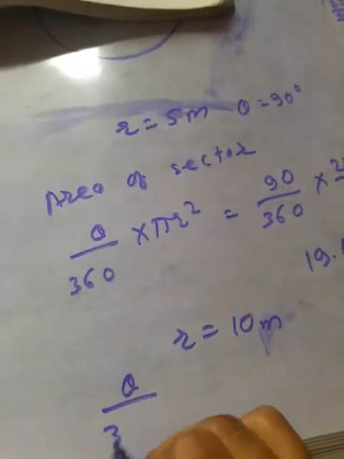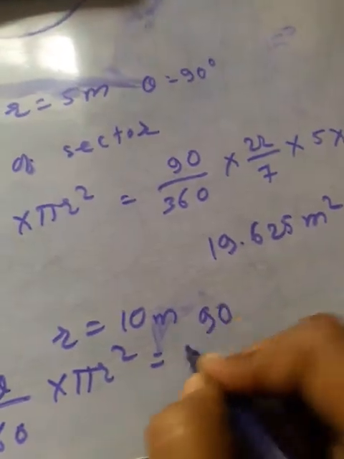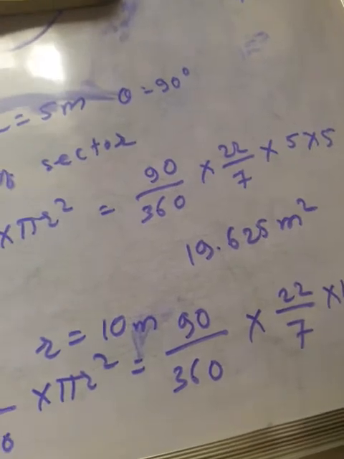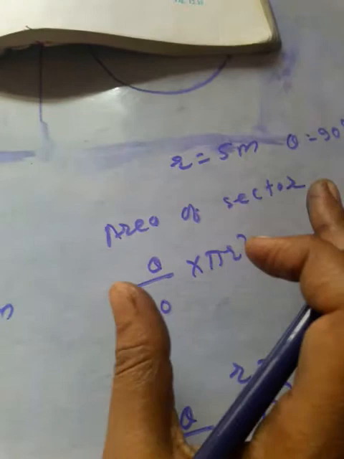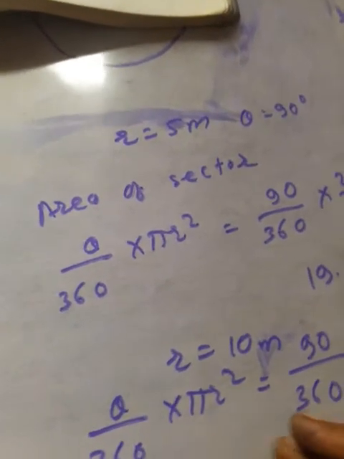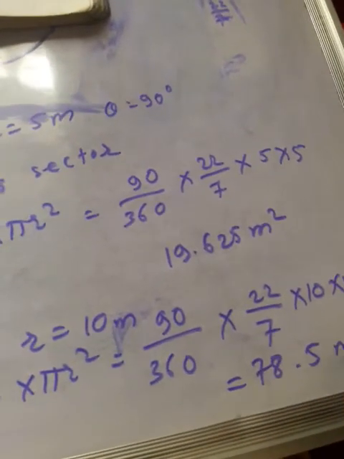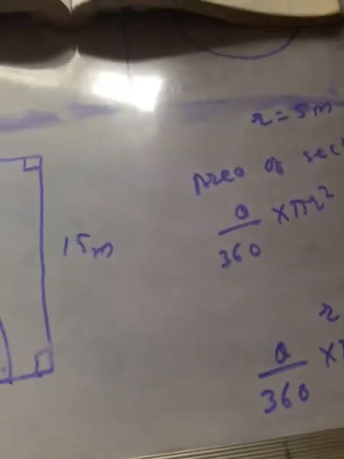Same, theta by 360 into pi r square, only radius is different: 90 by 360 into 22 by 7 into 10 into 10. So we'll get the area 78.5 meter square, and then subtract the smaller from the bigger. Okay, so we'll get the area of this shaded region or increasing area.